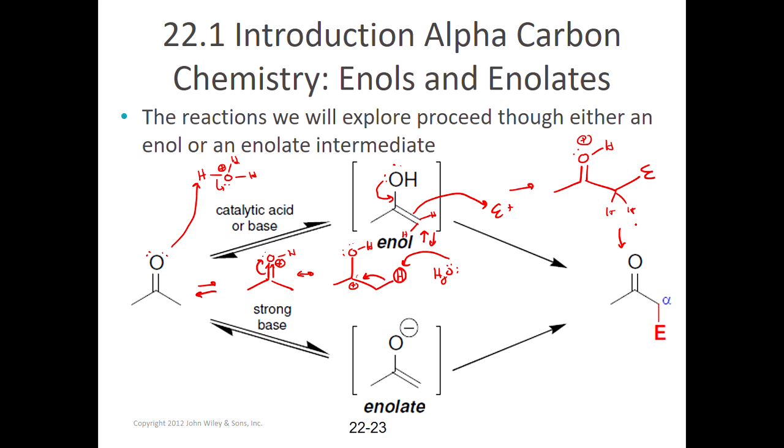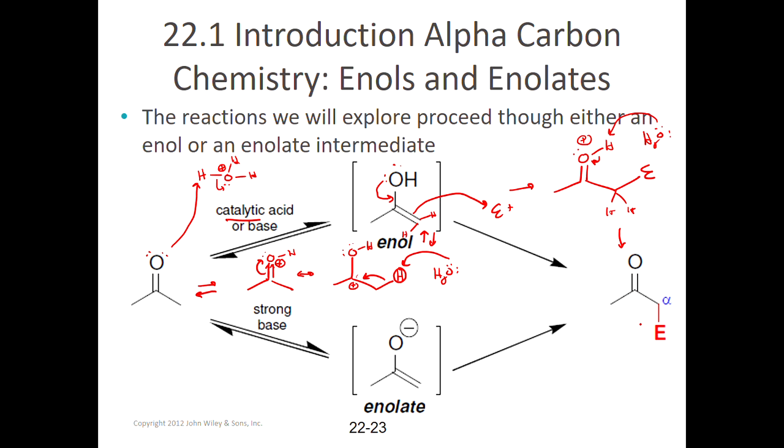So then that can be converted to the product if there's a water to pick off this proton. So H3O plus would be regenerated. And so we're using a catalytic acid. And depending on which side of the equilibrium is favored, that could potentially produce a high yield of the product.